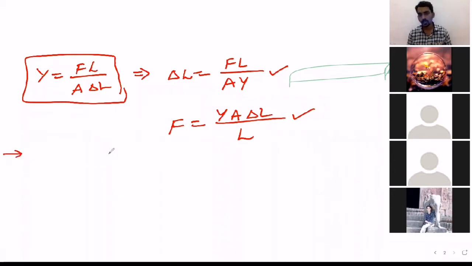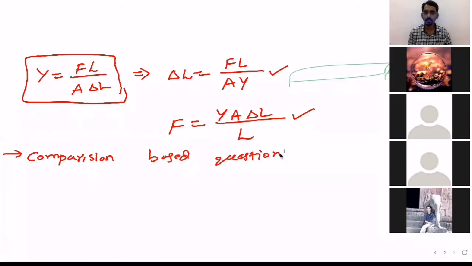But sometimes the questions they will give are comparison based questions based on the same Young's modulus. Like there are two wires. One wire is made of, suppose, steel, another wire is made of iron, or brass, some metal.